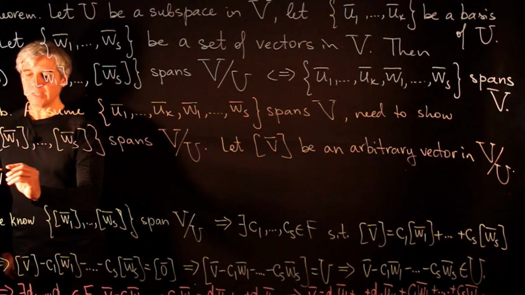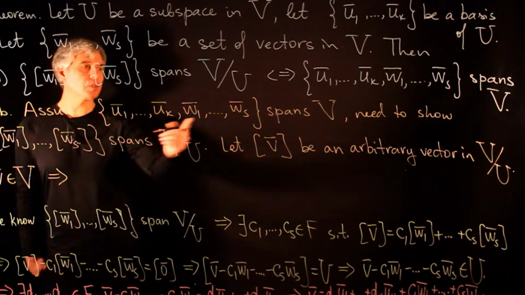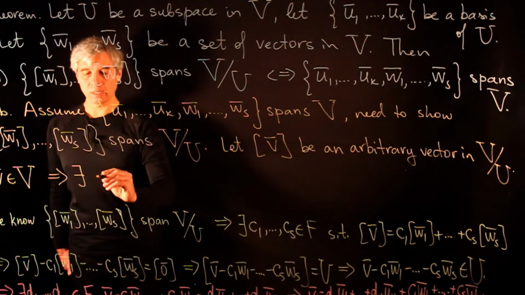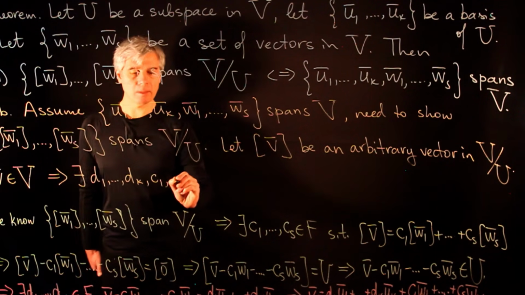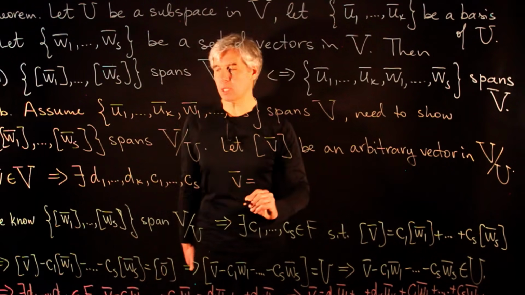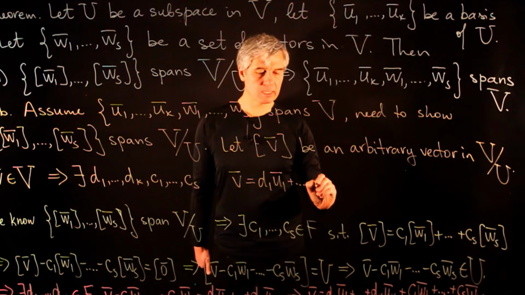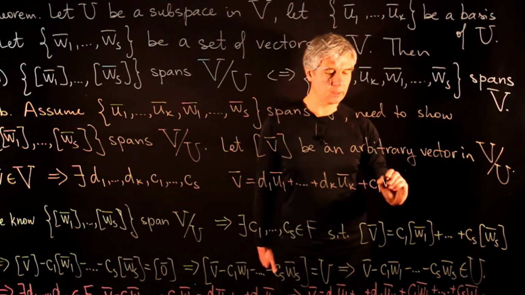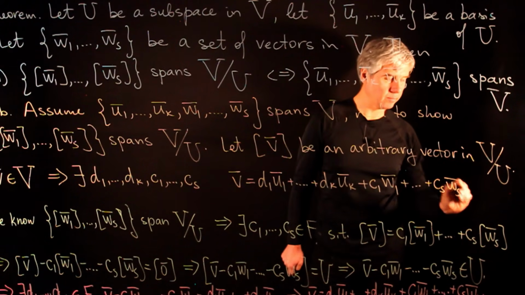So here, vector V belongs to the vector space V. Because we know that vector space V is spanned by this set of vectors, there exist scalars D1 through Dk and C1 through Cs such that this vector V can be written as a linear combination D1 U1 plus ... plus Dk Uk plus C1 W1 plus ... plus Cs Ws.